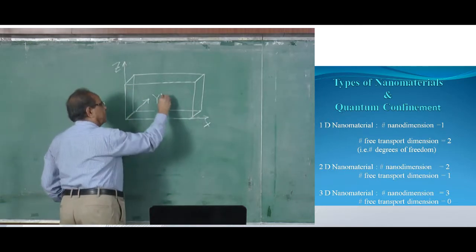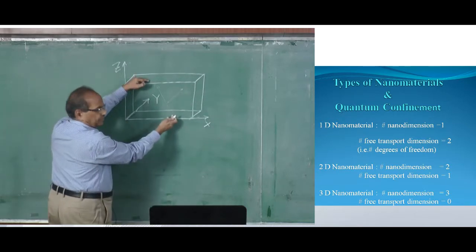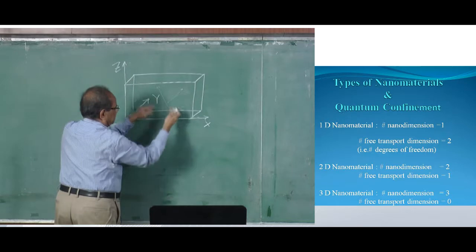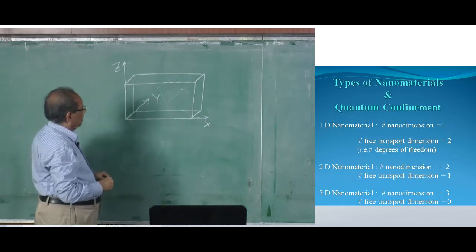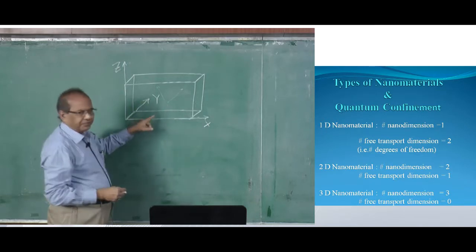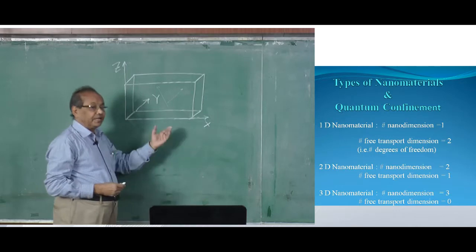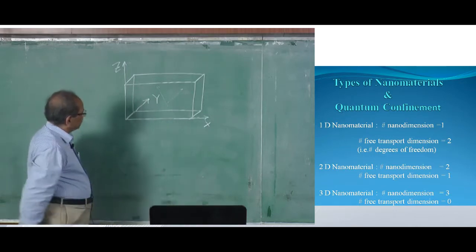So an electron can move in any direction, along this R vector direction, this direction and so on. So it can have degree of freedom 3. I mean, it can move in 3 directions quite independently. Fine.